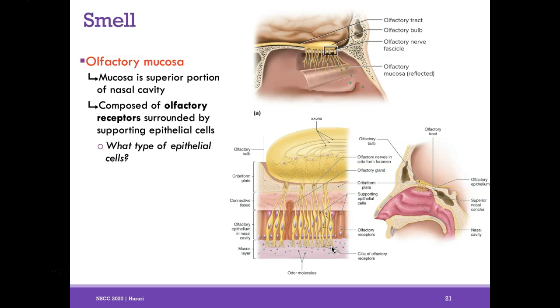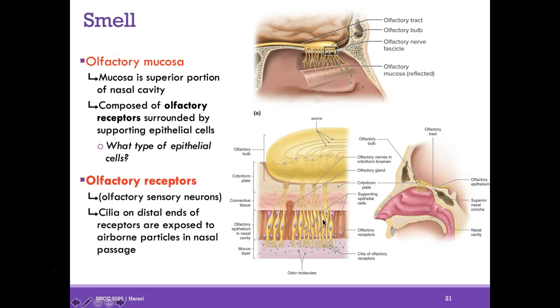So we have the olfactory mucosa. Only part of the mucosa has these receptors, though. So not the entire mucosa has olfactory receptors. The olfactory receptors are only in some part of the nose. And again, we have these special receptors that have the cilia that are exposed to the particles in the nasal passage.